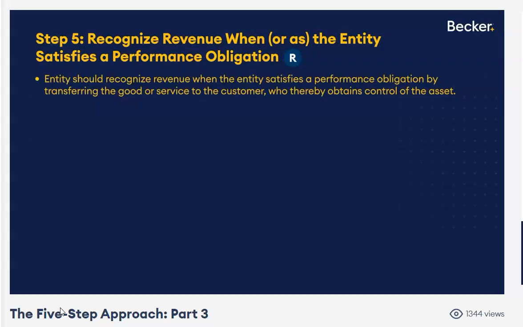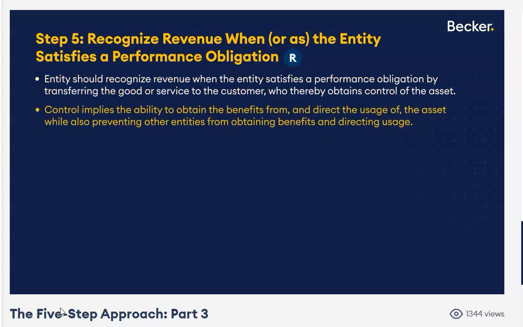Right? This is when you satisfy the performance obligation, the stuff you're going to do. Now, stuff might be one item or a bunch of items. Now, control implies the ability to obtain the benefit, which is the customer has it. So you finished your job, you're leaving, you're waving goodbye, you've done your work. You now can recognize the revenue.